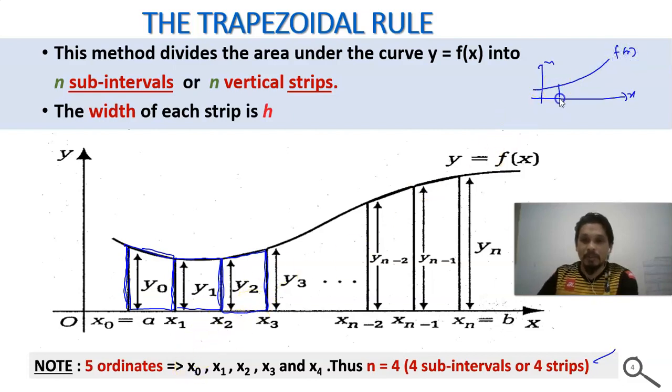We get ordinates x0, x1, x2, x3 and x4. That is 1, 2, 3, 4, 5 ordinates, from x0 until x4. Thus, the number of subintervals, or strips, n, is 4: 1, 2, 3, 4. So 5 ordinates from x0 until x4 and 4 strips.